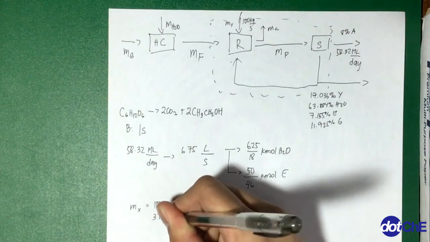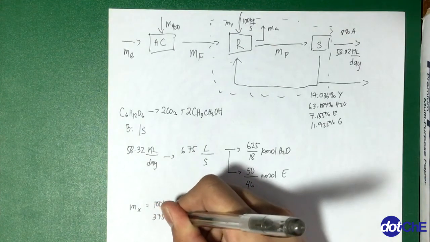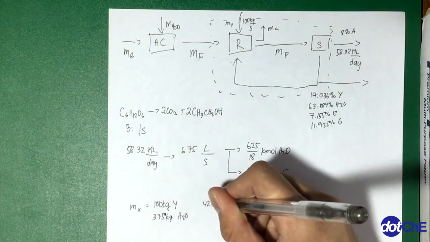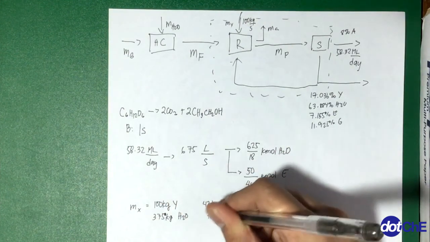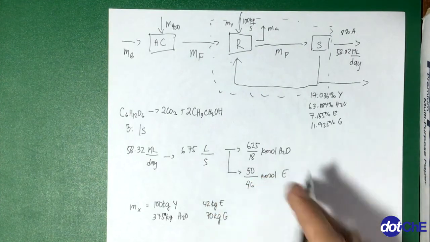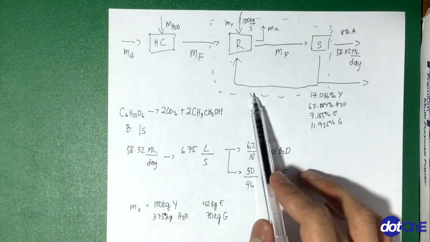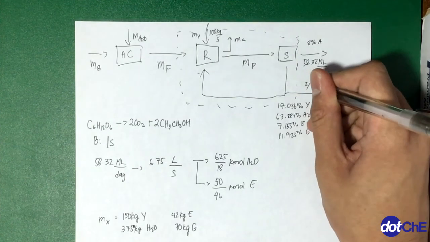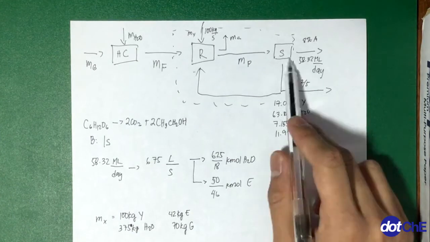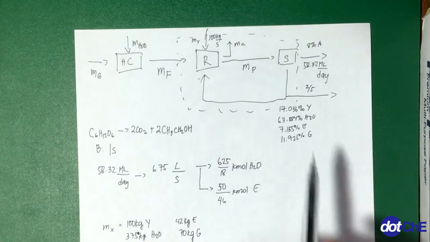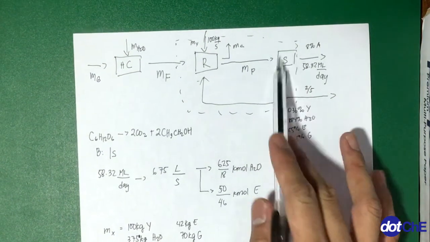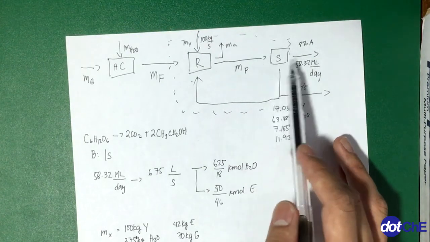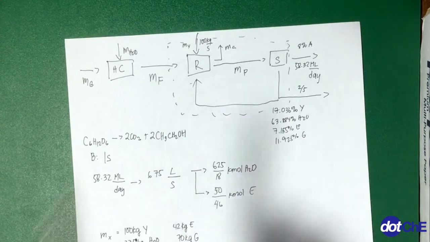So that's 375 kilograms of H2O, 42 kilograms of ethanol, and 70 kilograms of glucose. Now, since this is a physical separator, and we have the compositions of this, and we know that the purge stream is just 2/5 of the entire stream, we could now get the composition of MP.